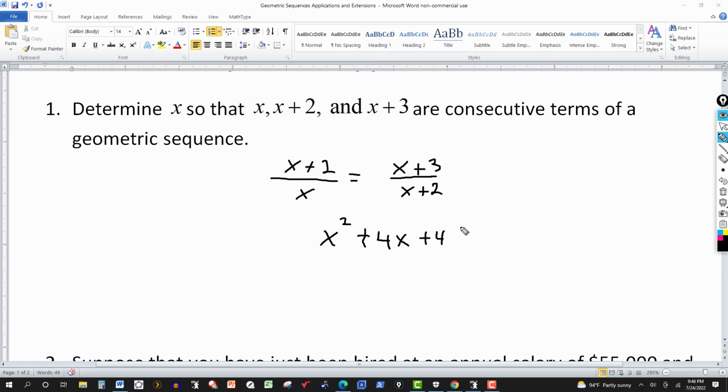Multiply the other way, x times x plus 3, we get x squared plus 3x.